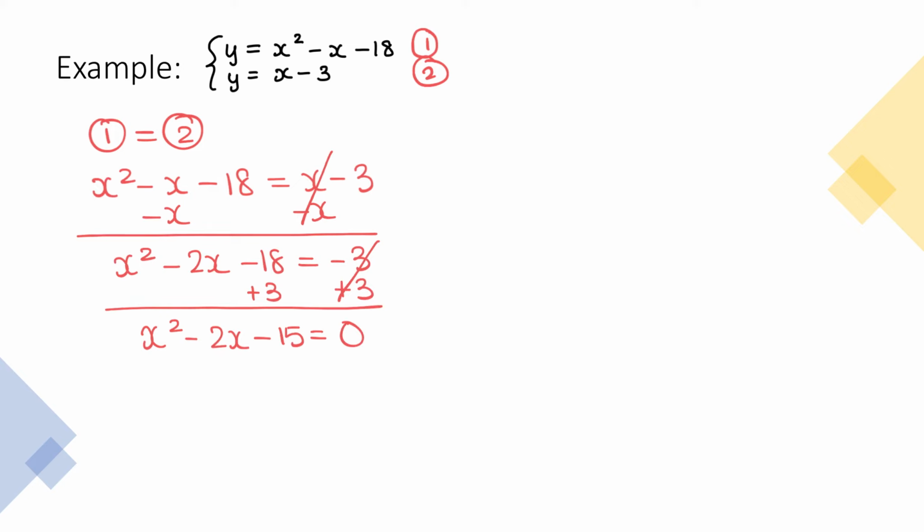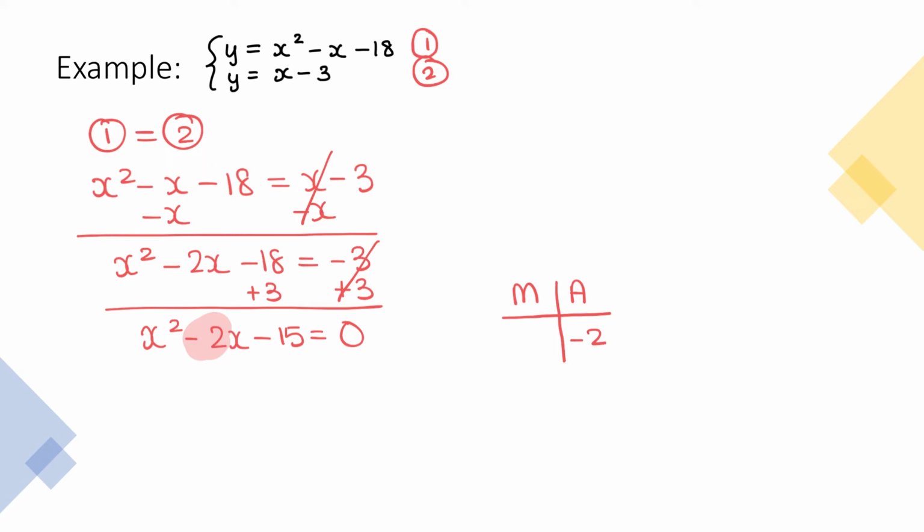Now that it's equal to 0, I can use that M&A strategy to help me factor this quadratic equation. So M and A. For my A, it's going to be the coefficient of the term with the x variable, so it's negative 2.